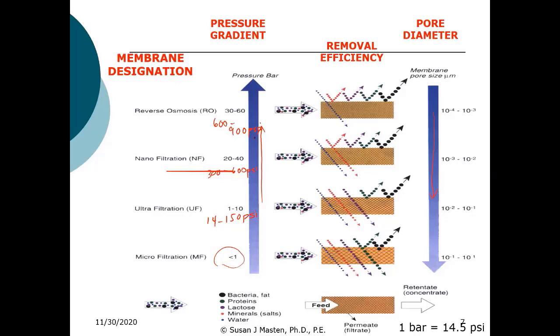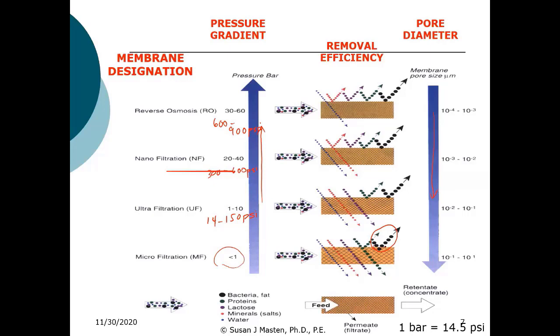Now, in terms of removal, what we're removing is predominantly bacteria and fats. For example, microfiltration can be used to remove bacteria. It can also be used to remove cryptosporidium and giardia.